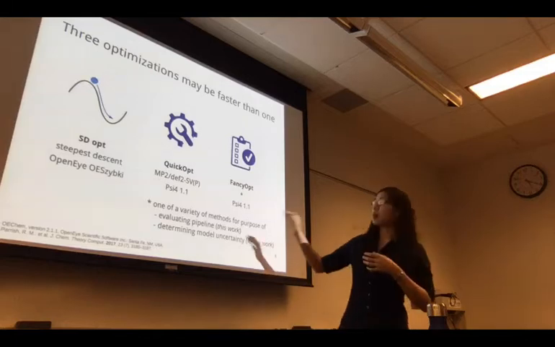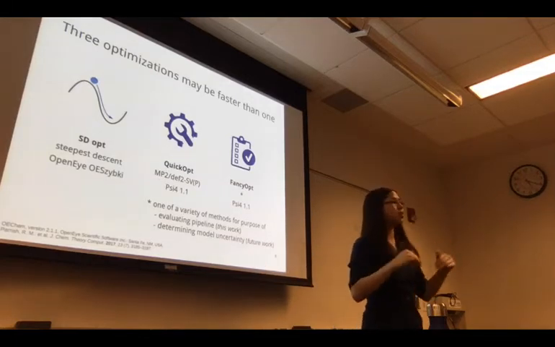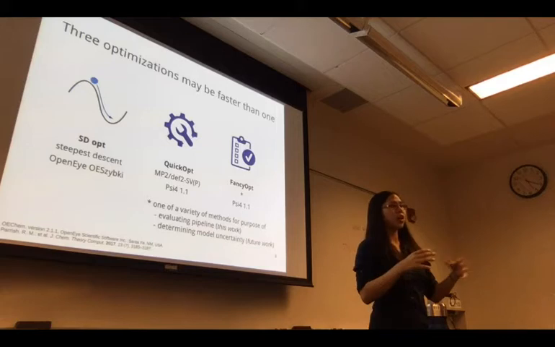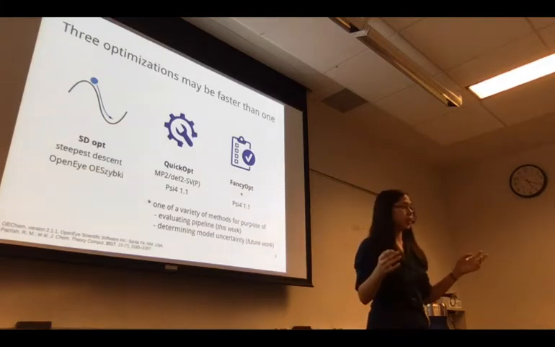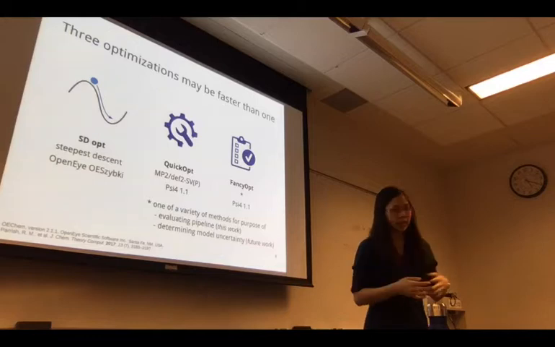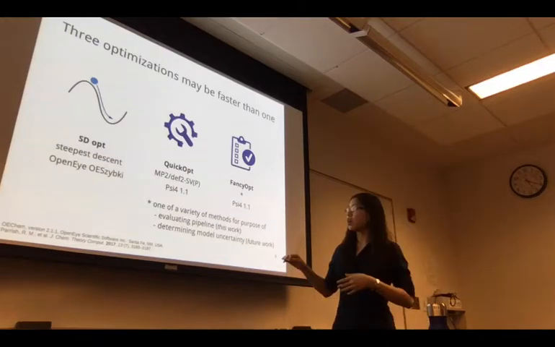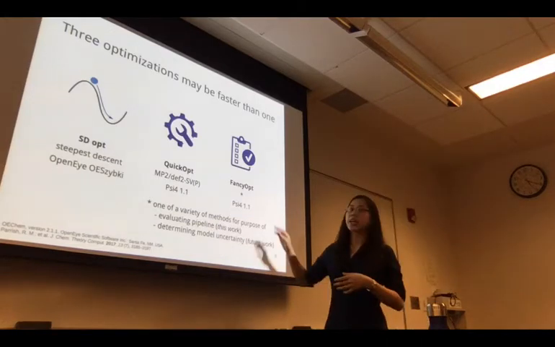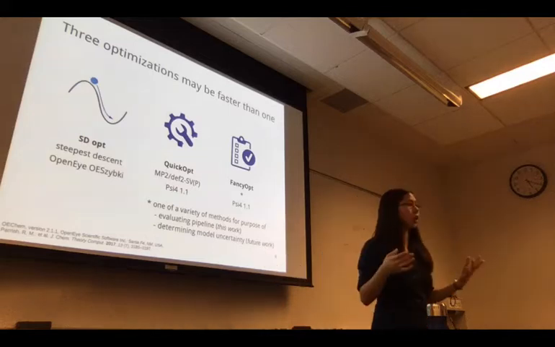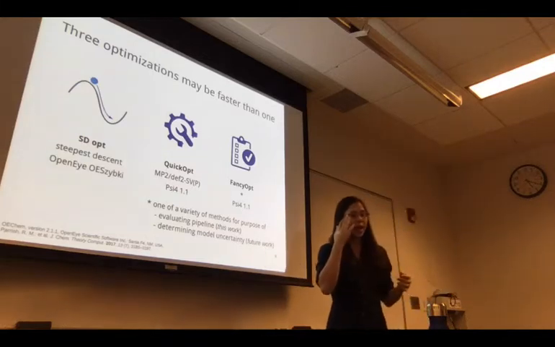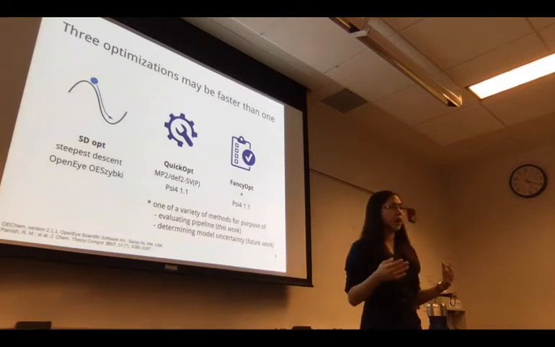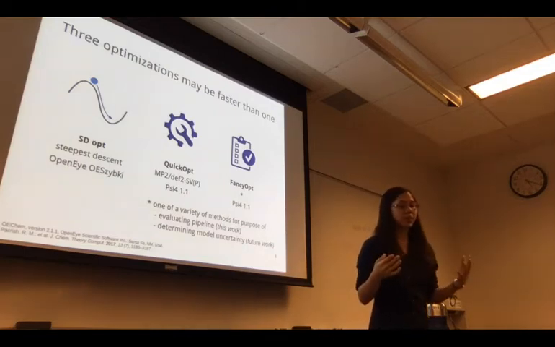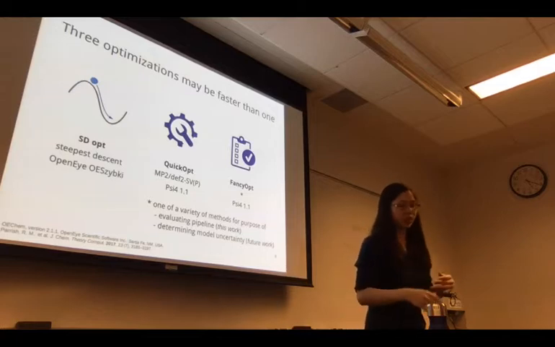The purpose of this step is to fine-tune the geometry such that you don't have to spend as much time doing many different fancy optimizations that are a lot more costly. Here I'll show the results. In this case, I looked at 10 to 12 different fancy optimizations. In actual practice, we're going to focus on 3 to 5 different levels of theory for the fancy optimization, and then consider that for the uncertainties.